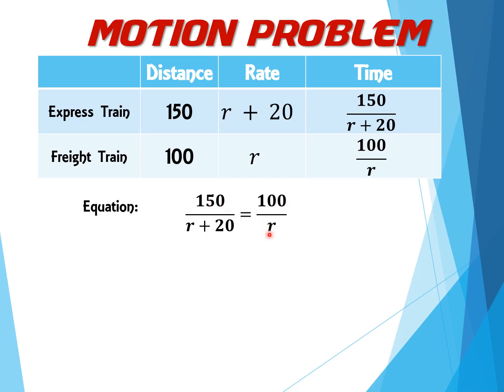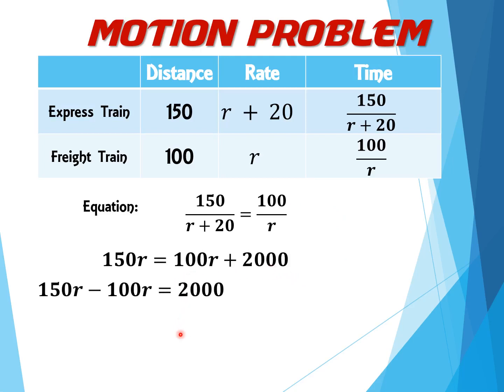This gives us 150 times R is 150R, and R plus 20 times 100 is 100R plus 2000. Then we transpose, 150R minus 100R gives 50R is equal to 2000. Dividing both sides by 50, R is equal to 40.